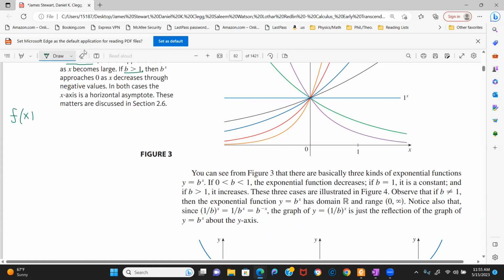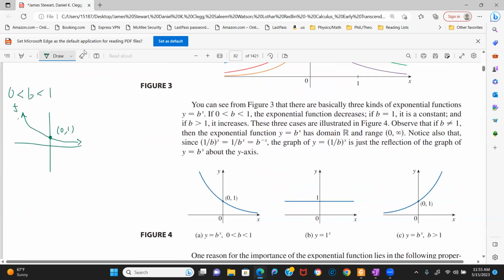So our function f of x is equal to b to the x, and you have two cases. When b is between 0 and 1, the graph of f looks something like this. It goes up like that, and it goes through (0, 1). Okay, so that's the one case.